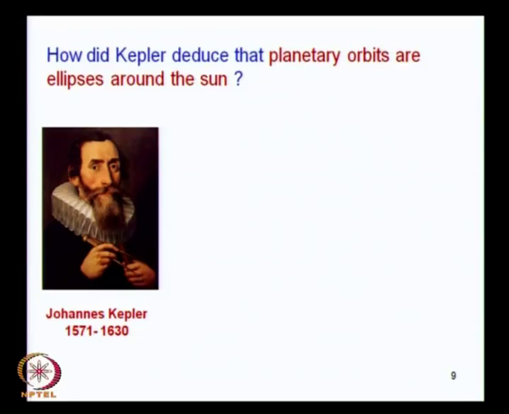So, we begin by asking this question: how did Kepler deduce that planetary orbits are ellipses around the sun? And looking at this picture of Kepler, what bothers me more is not quite why and how the planetary orbits go around the sun, but why this piece goes around his neck.